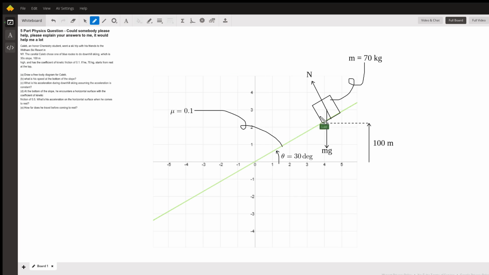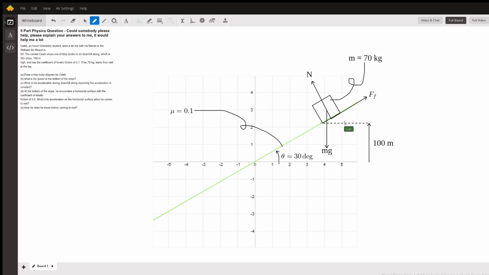The last force at play is going to be his friction force while he's along that surface. I'll draw it going along the surface, but since he's going down the slope, friction would be applied up the slope. I'm going to call that the force of friction.